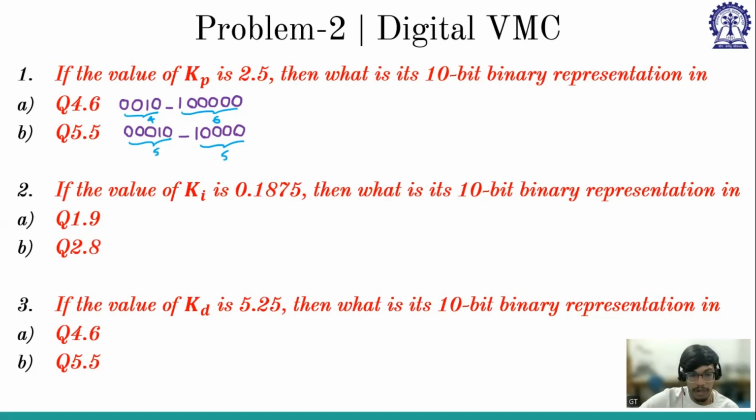So I have made Ki in such a way, 2 to the power minus 3 plus 2 to the power minus 4, so I have the minus 3 bit and minus 4 bit. So 1.9 means 1 bit integer, 0, and the decimal part has 2 to the power minus 1, 2 to the power minus 2, 2 to the power minus 3, 2 to the power minus 4, and so on. Understood how I am writing this?